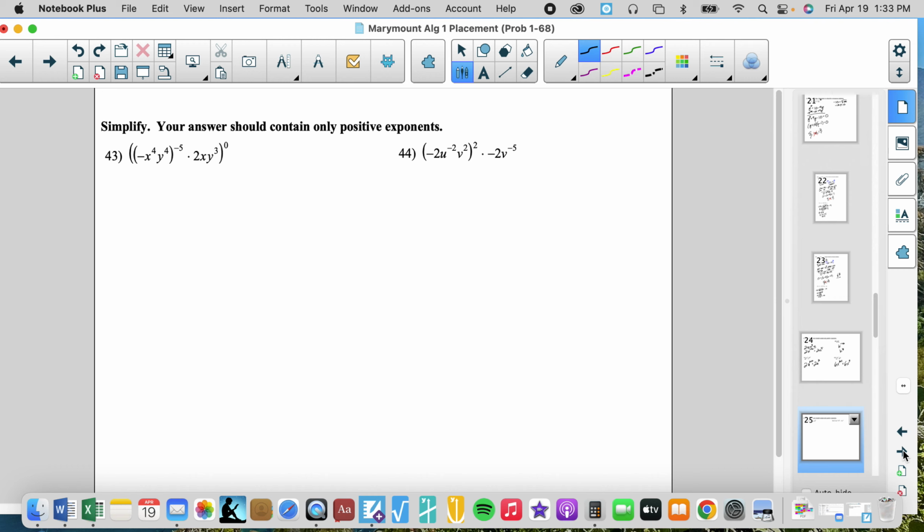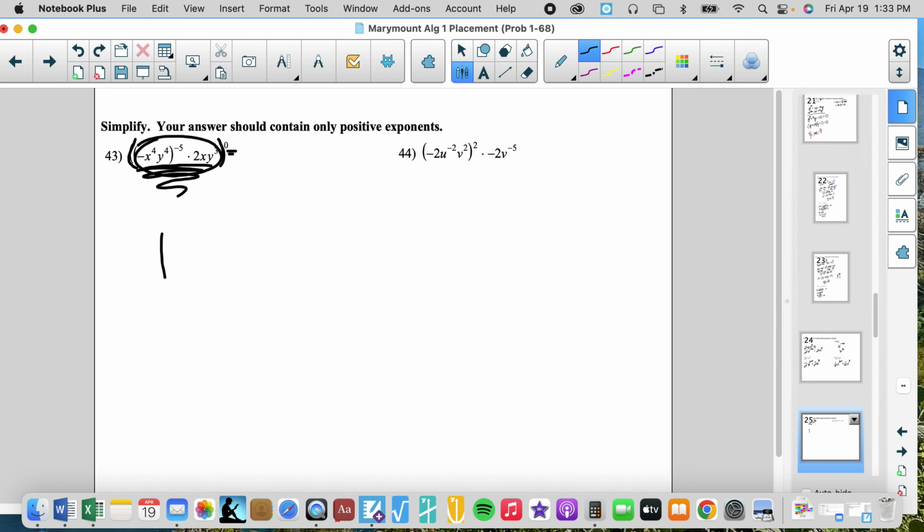Order of operations. So we can cut to the chase here. It doesn't matter what's in there. We're going to simplify all this stuff inside the grouping symbols, and then we're going to take that to the 0 degree. It doesn't matter if it's negative or positive, because of the grouping symbols, that's going to end up being 1. So don't waste your time with that problem.